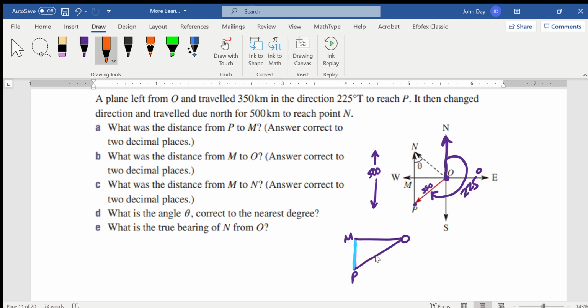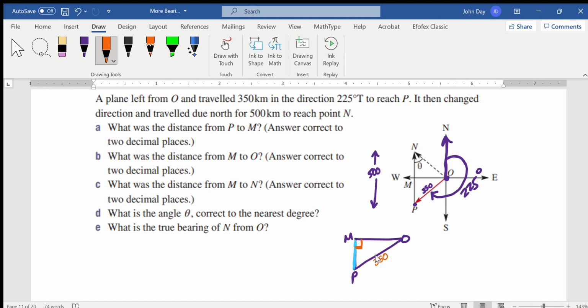So they've given us that that's 350 kilometres along there, and they've given us the angle MOP, and they've also told us that's a right angle in there from the situation because of the north, south, east and west that was happening.